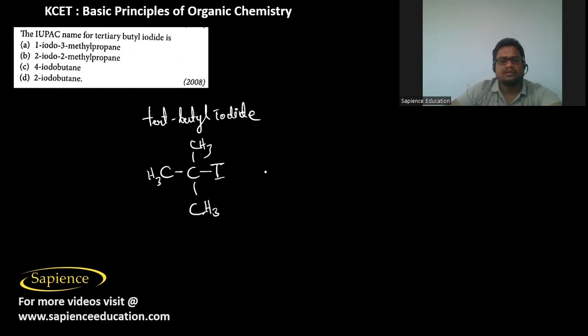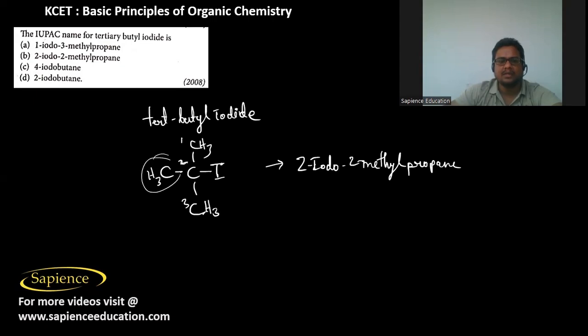So its name will be, it is a 3-carbon chain, so it will be 2-iodo-2-methylpropane. Why do we have to number it like this, 1, 2, 3? Because in the second carbon only we have the methyl group and the iodo group. So option B is the correct answer.